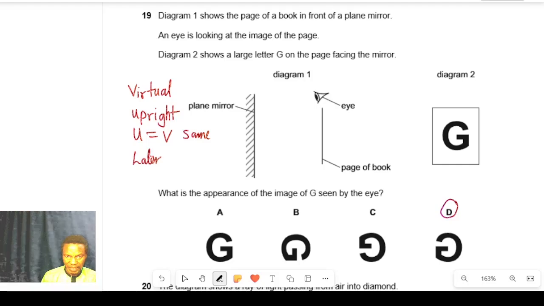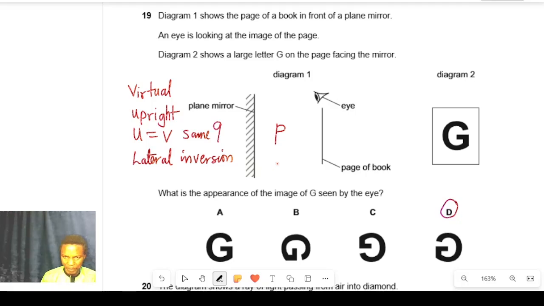lateral inversion. Lateral inversion means if I put P in front of the mirror, we're going to see 9.